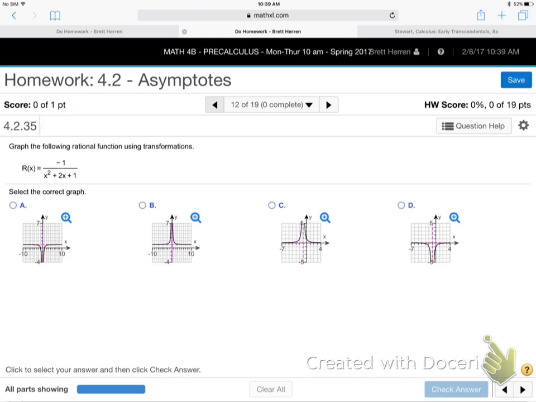All right, what needs to be done? Did everybody see you need to factor that denominator? So go ahead and factor that denominator. It needs to be factored.